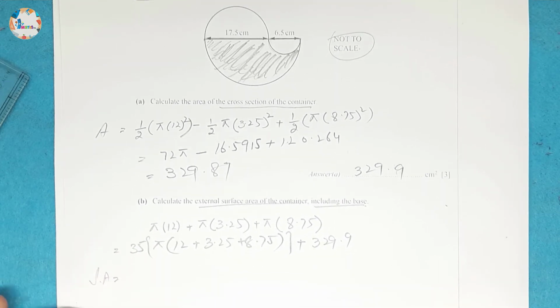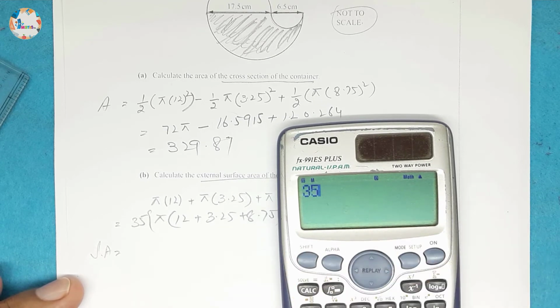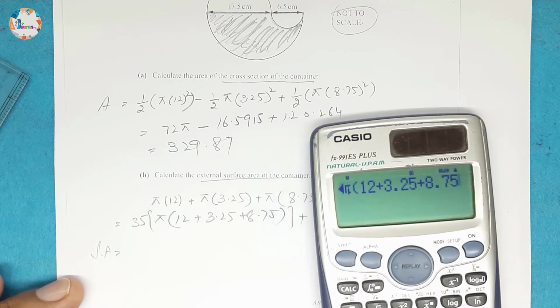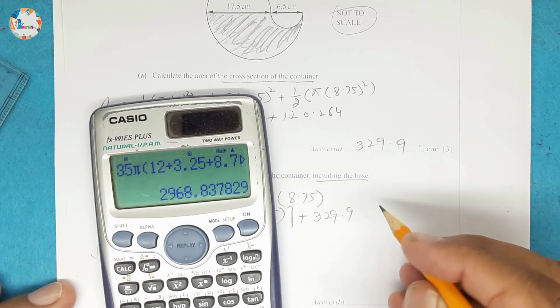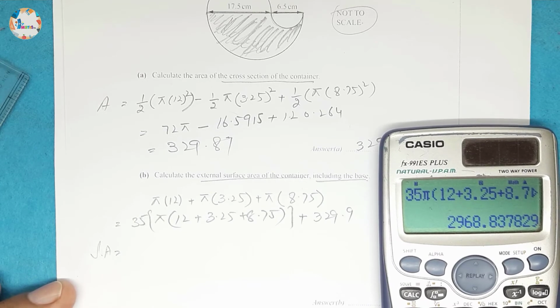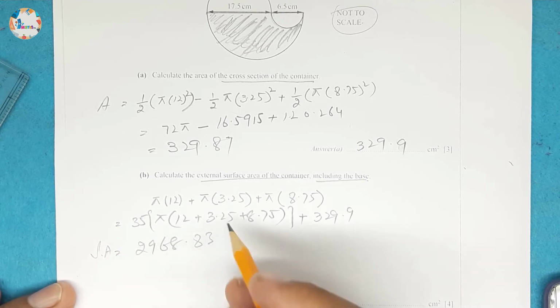So surface area external will be equal to 35 pi, and inside will be 12 plus 3.25, plus 8.75, and bracket close, and plus we have to add 329.9, and this is resulting to 2968.83.